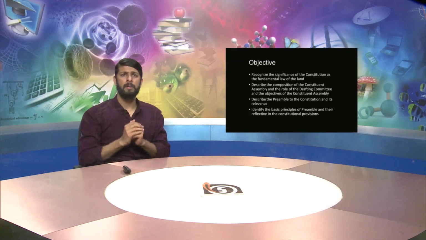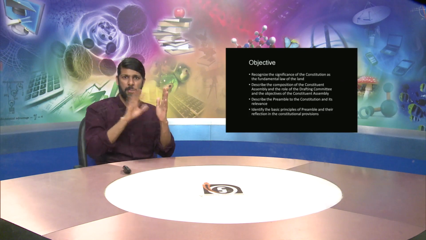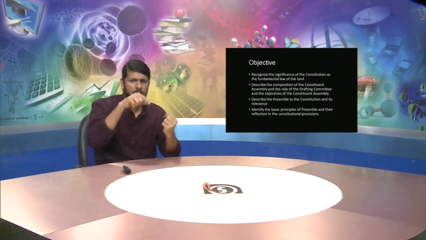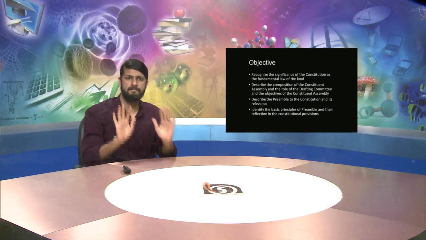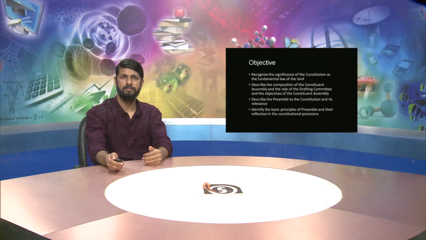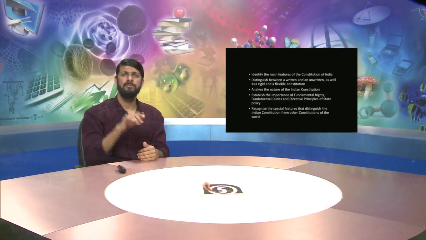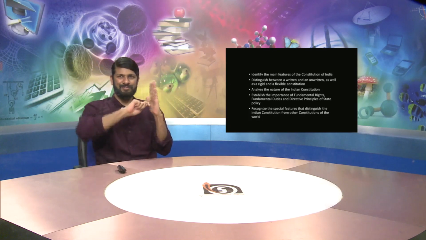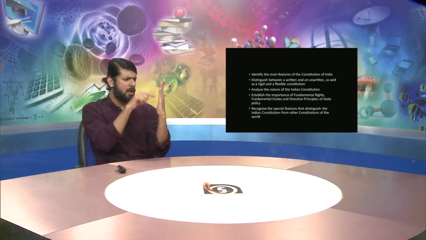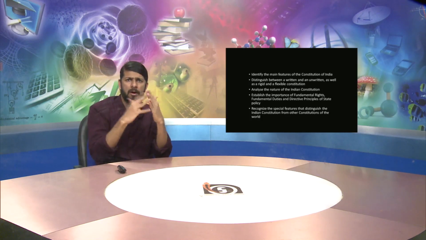And the fourth objective is to identify the basic principles of preamble and their reflection in the constitutional provision. Also, we would be able to identify the main features of the Constitution of India.